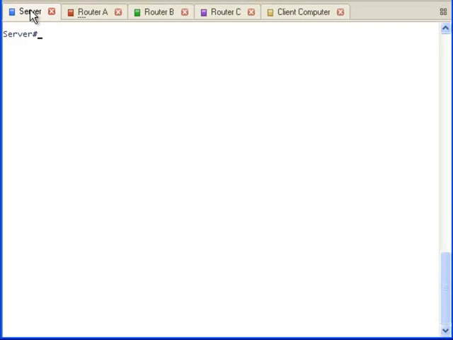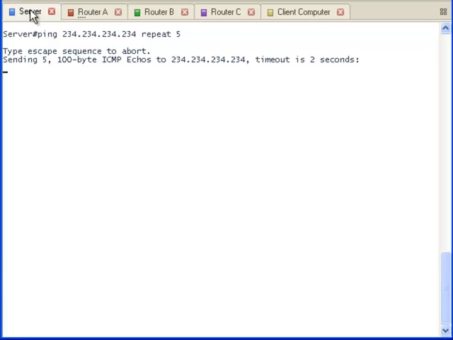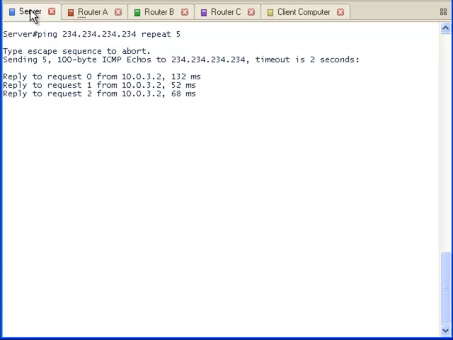When the multicast server sends out a multicast ping packet to all the client computers that are participating in multicast, the client computer will respond with a reply ping packet. The client computer with the interface address of 10.0.3.2 has replied. The multicast is working between the server and the client computer.